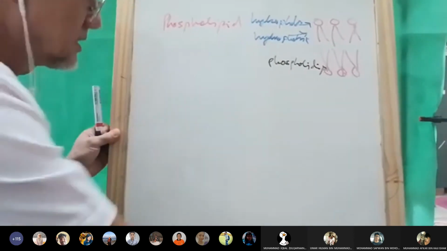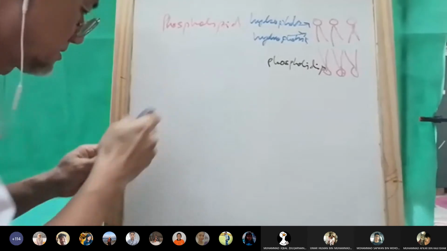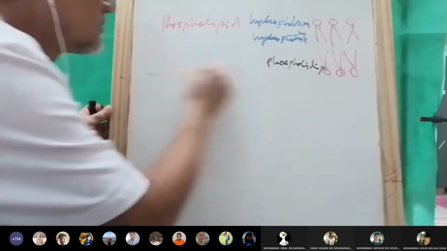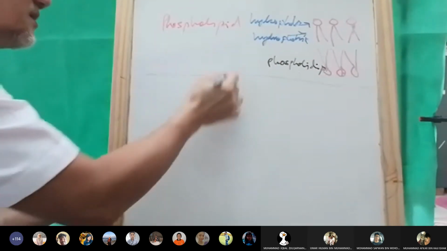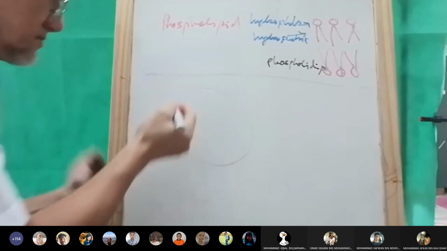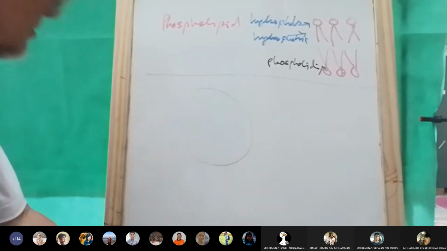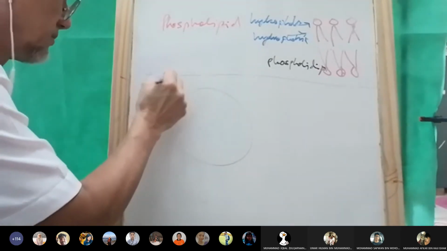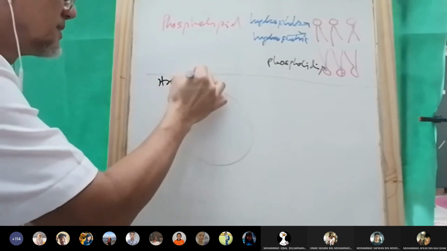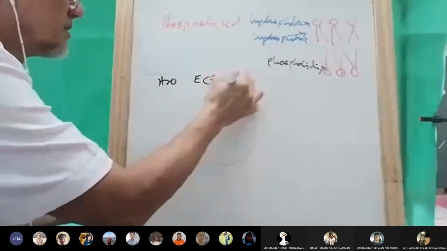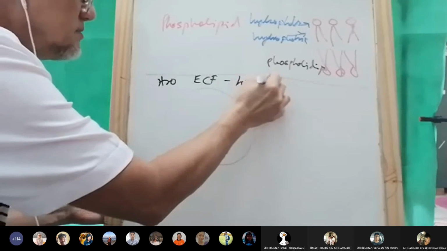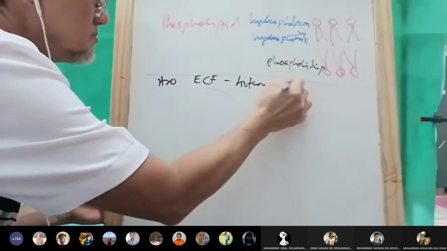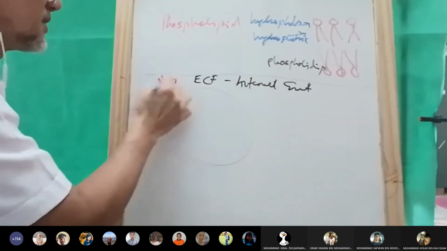Because our cell is surrounded by a water-based environment. The ECF is the extracellular fluid, or the internal environment, which is basically a lot of water.